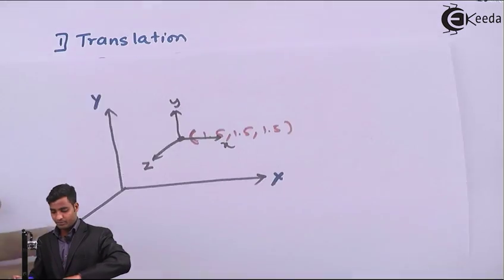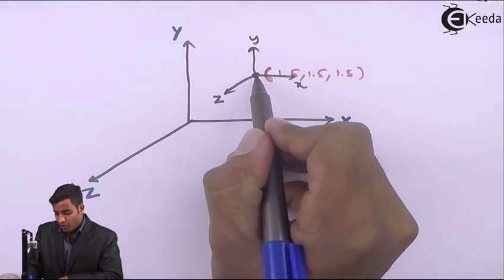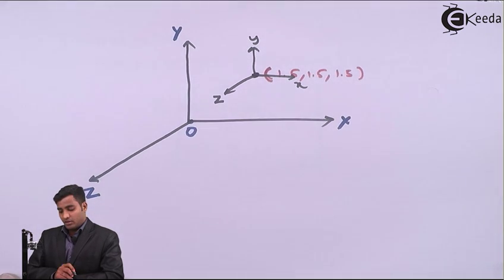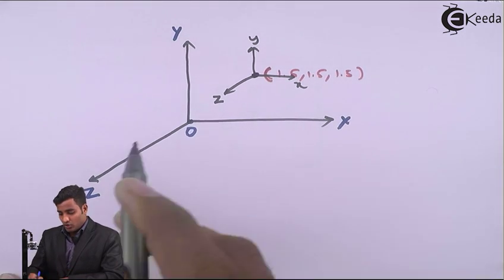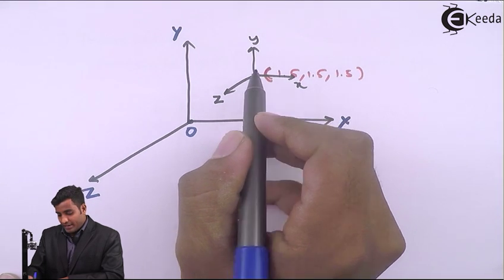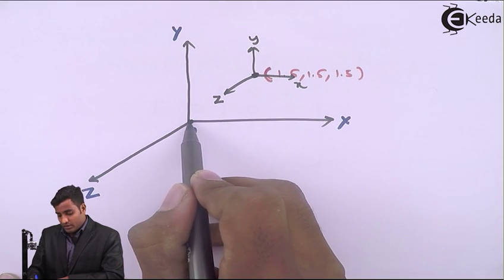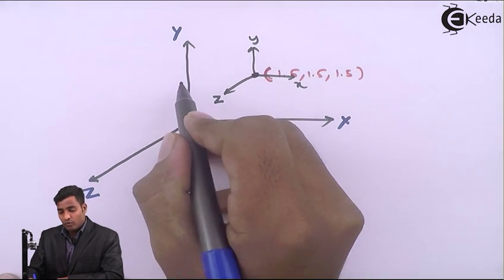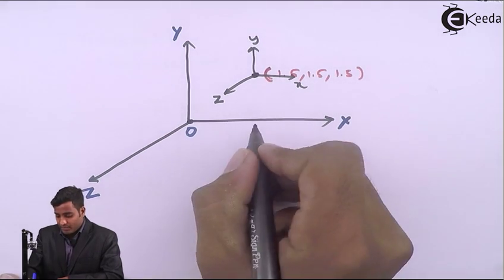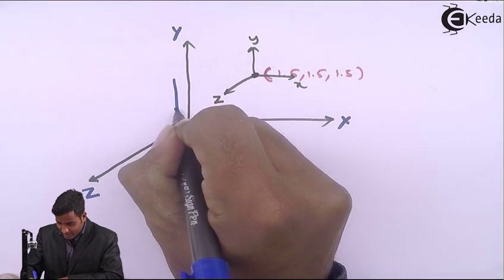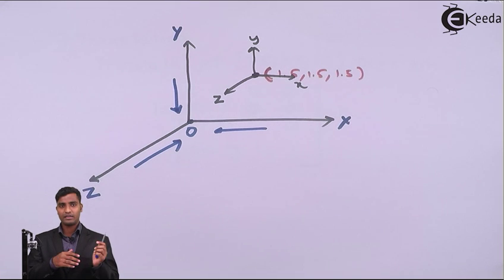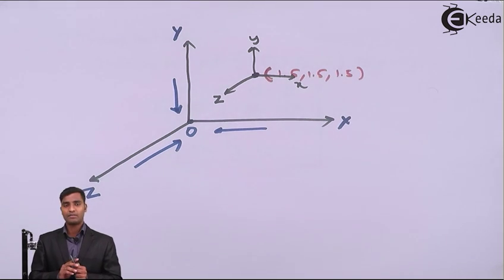So from the problem, for bringing this point to the origin we are doing translation. For bringing this point to the origin, we have to travel along the x direction, along the y direction and along the z direction, in this direction and along this direction. Since in all directions we are moving in the negative direction, I will take it as minus.